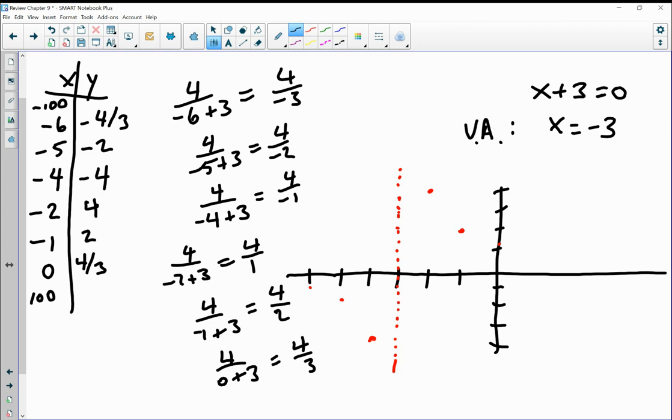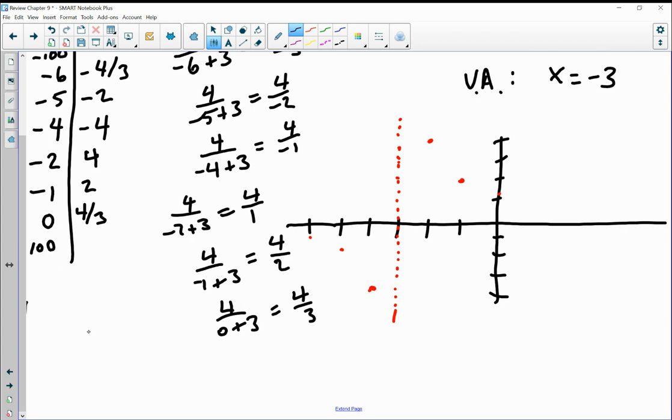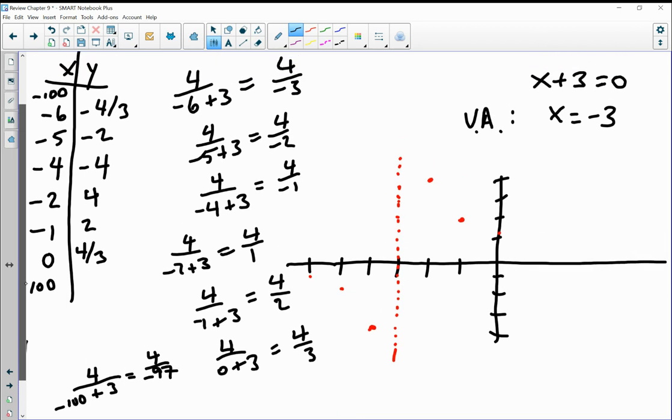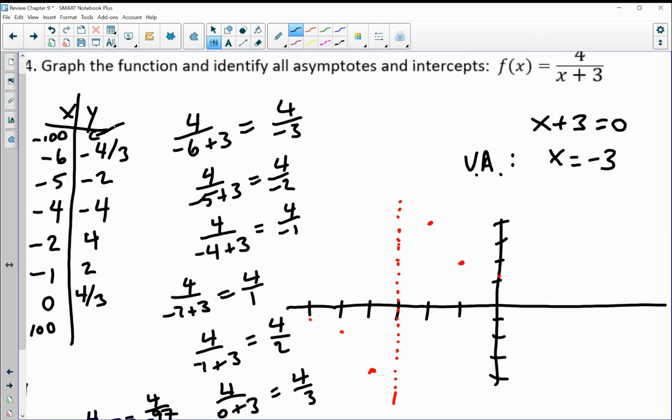If we have negative 100, then this will be 4 over negative 100 plus 3, so 4 over negative 97. If you think about the value of negative 4 over 97, that would be something very close to 0, on the negative side of 0. Not quite 0, but getting closer to 0.